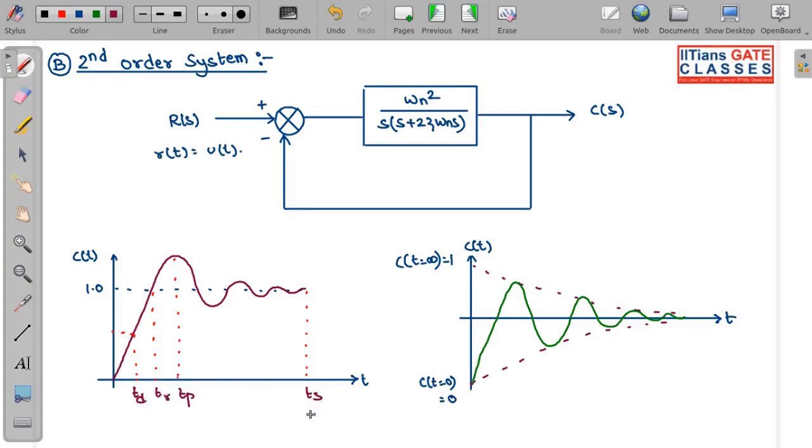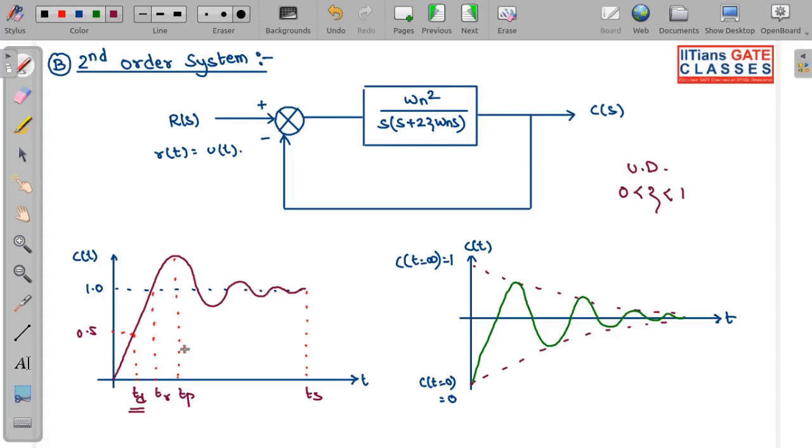The definitions are still the same. Delay time is the time taken by the response to reach 50%. Rise time: we have considered all the time domain parameters for an underdamped system, so zeta is less than 1 and greater than 0, and this response will cross your 1.